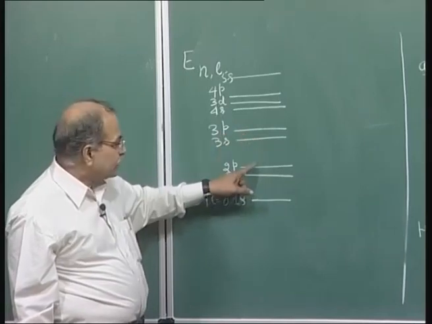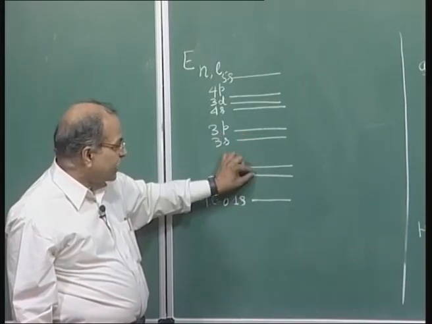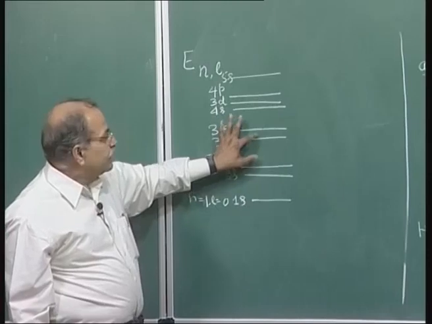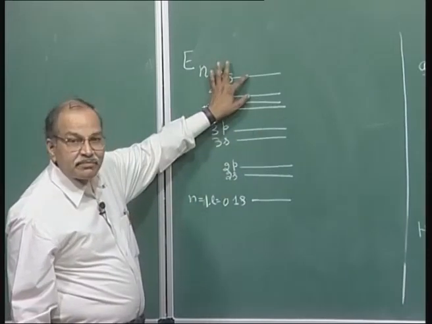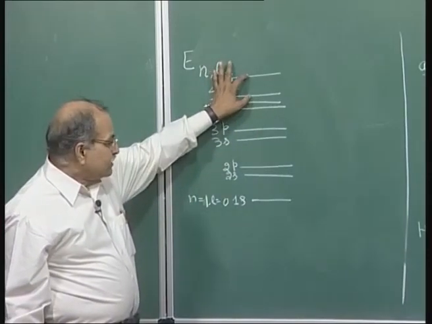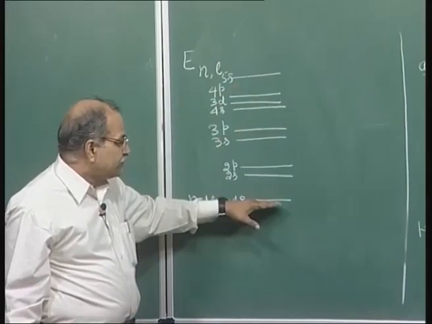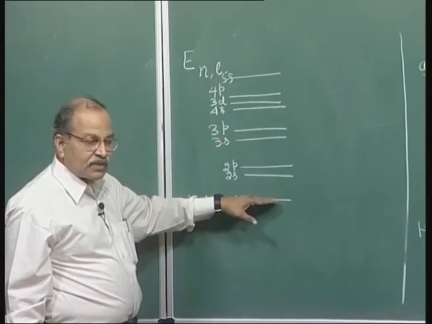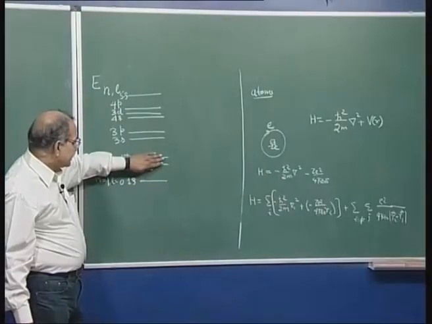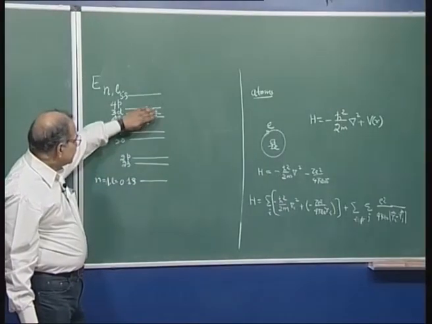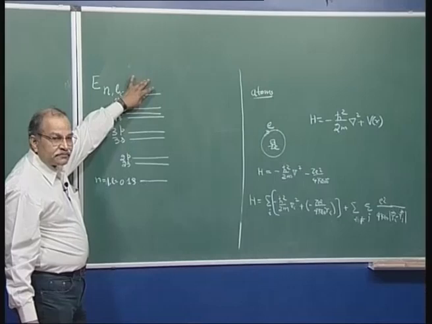Here also there is a gap, but this is a smaller gap; here is a bigger gap, here is a bigger gap, here is a bigger gap. So these are called shells, major shells. This is one shell, this is another shell, and so on.